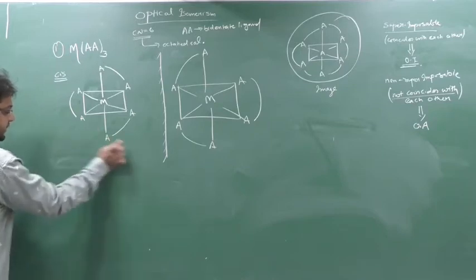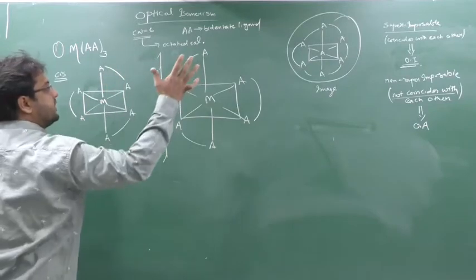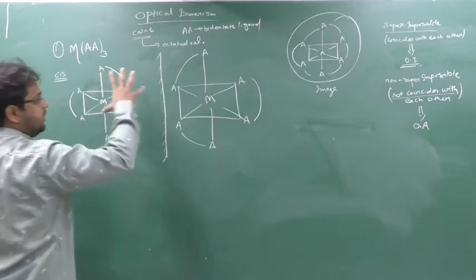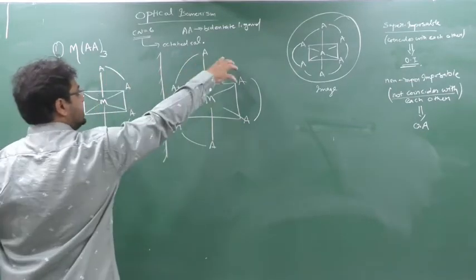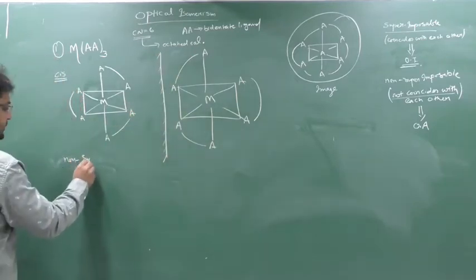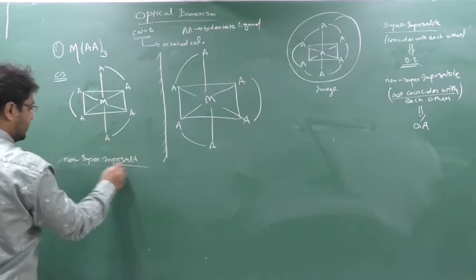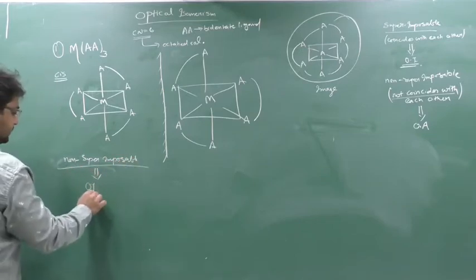When they are non-coincide, that is, when they are not coinciding, you take this and put it here. It will not get one to one. See, it will not get. This will be here. This will come here. So it is non-superimposable. When non-superimposable, it is optically active.